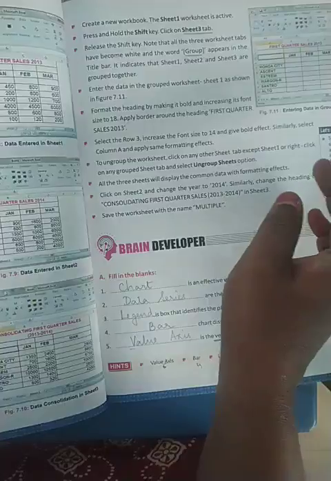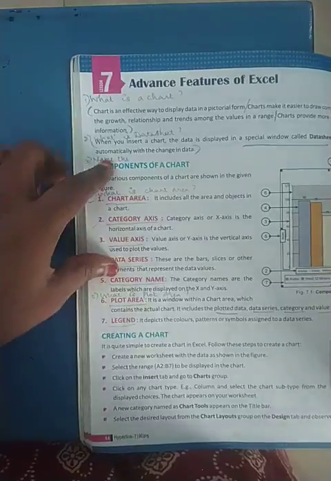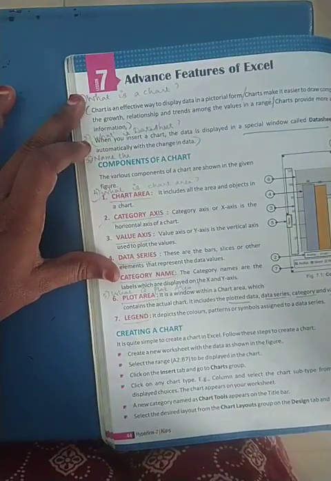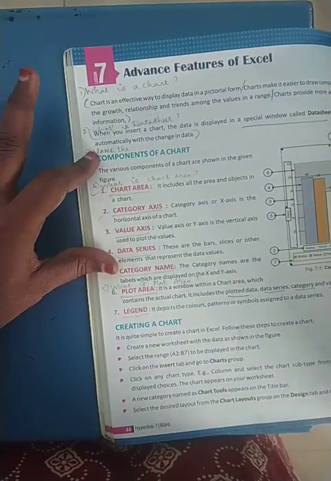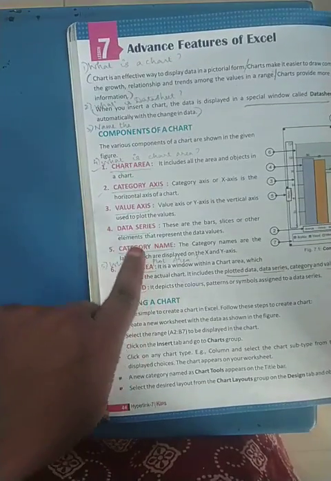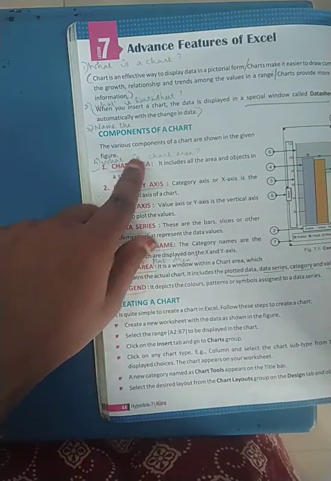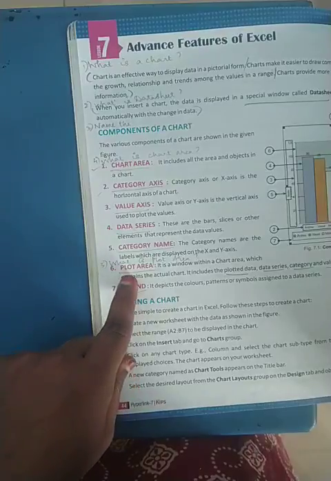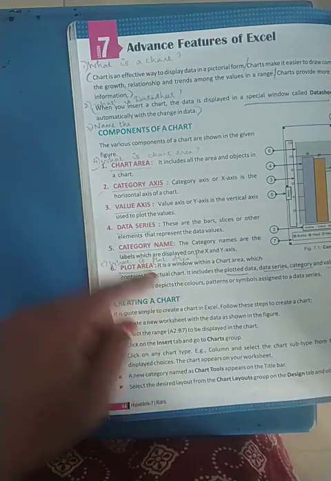Okay, so these are all the 15 question answers which you should be writing in your classwork notebook. Okay, so first one is what is a chart we saw, then what is a data sheet, then the components of the chart. You should only write these names. Okay, then what is the chart area, and what is the plot area.